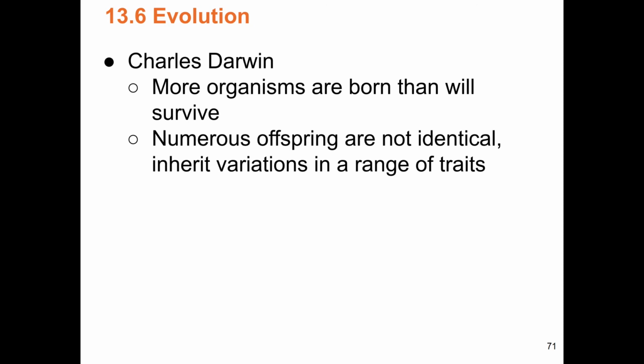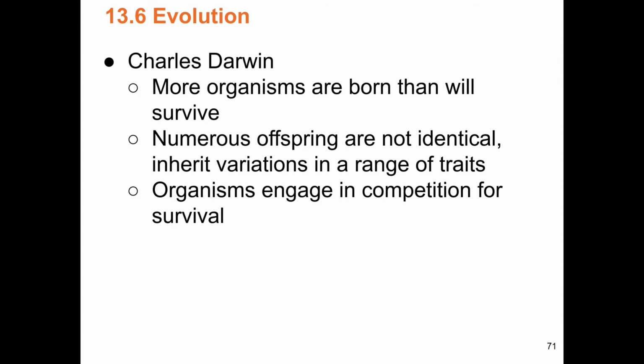Some grow really quickly, others don't. Same thing with puppies. In each litter of puppies, usually there's at least one that isn't as big. It's the runt. So those are individual variations in a group of organisms. So if those characteristics can be passed along genetically, then they will.